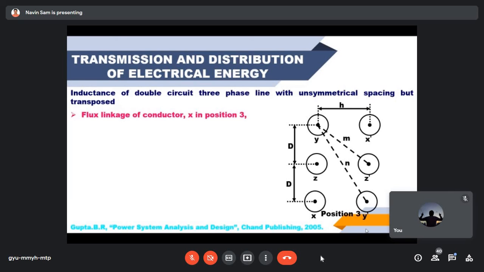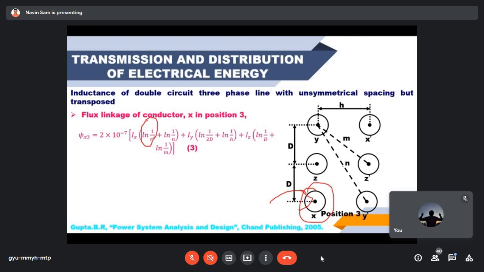So now at position number 3, if you are evaluating the flux linkage, you will get an expression like this. That is position number 3, X is taken here. There will be a flux linkage due to its own current Ix, so that accounts for ln 1 divided by R dash.